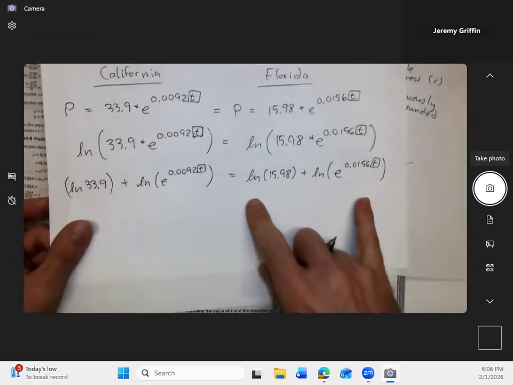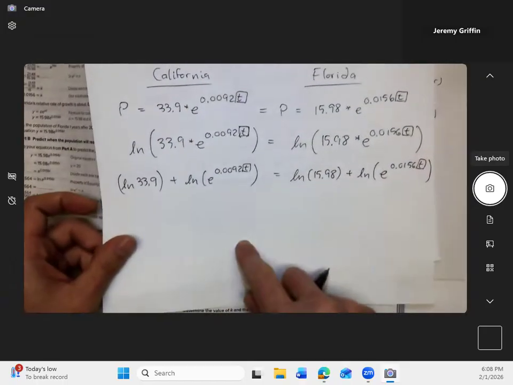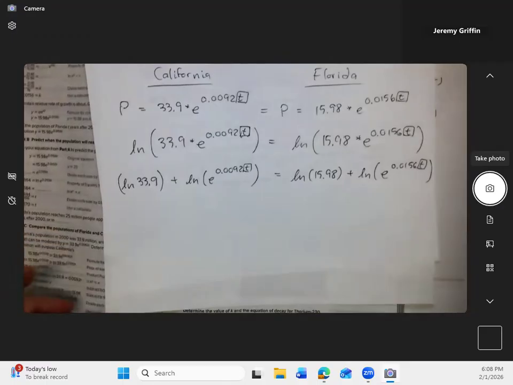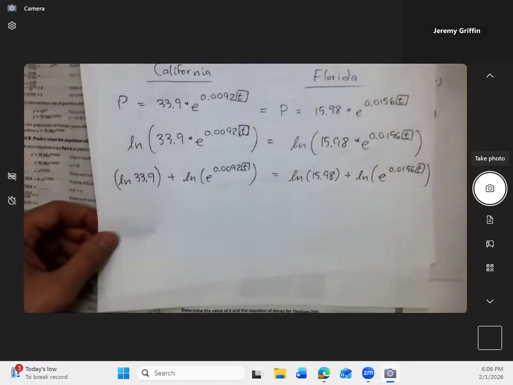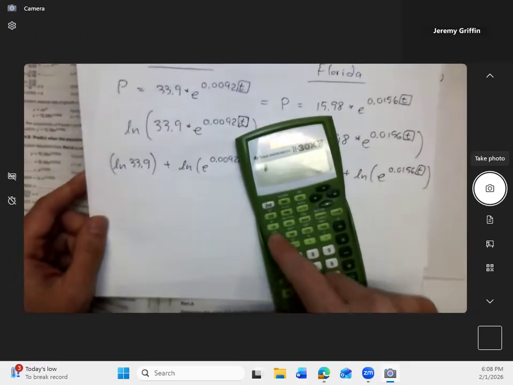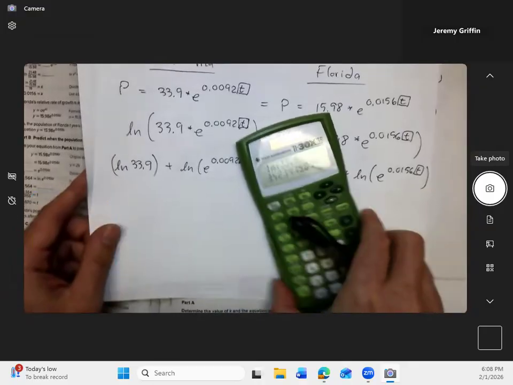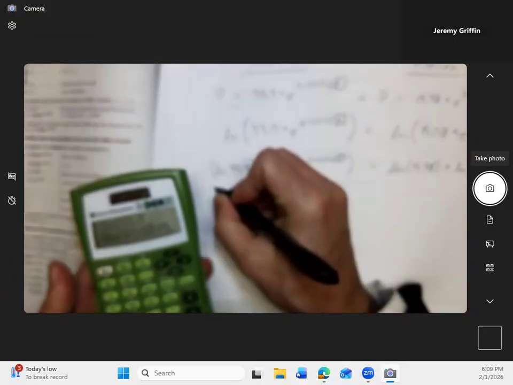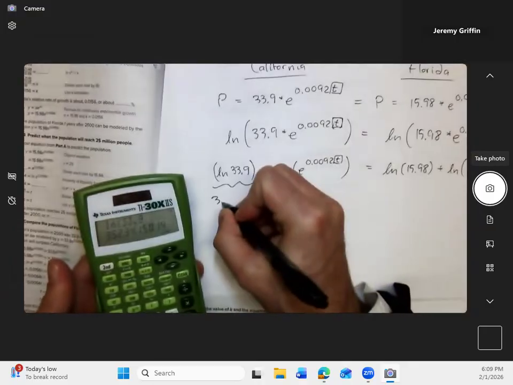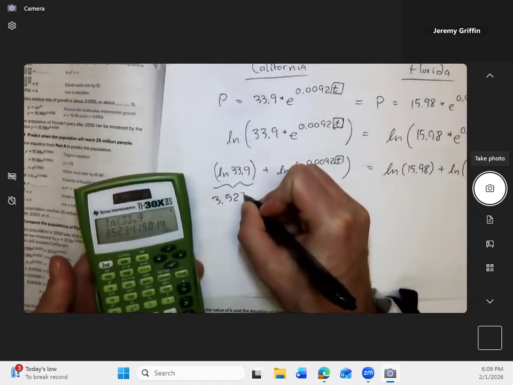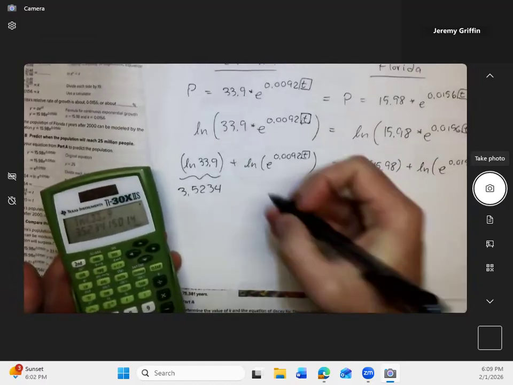Chasing this t, I'm going to get a decimal approximation. What is natural log 33.9? This right here is the number 3.5234, cut off at some point.